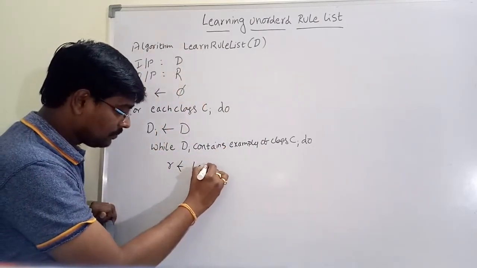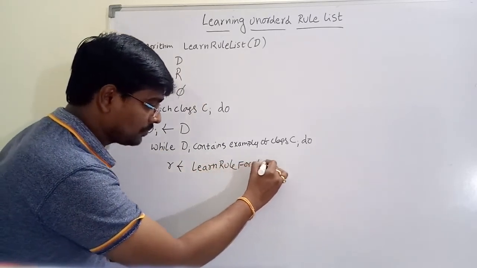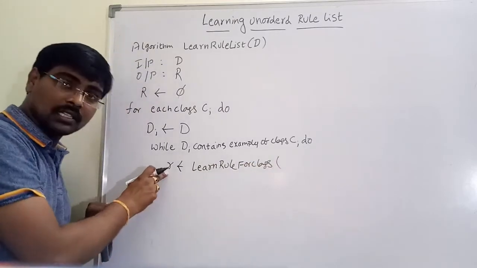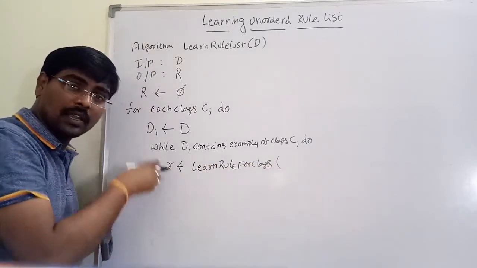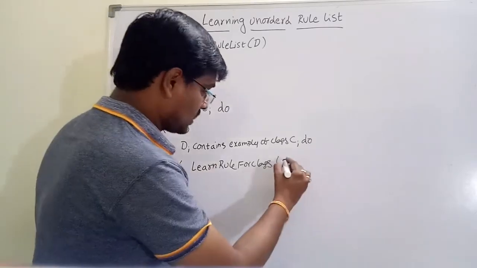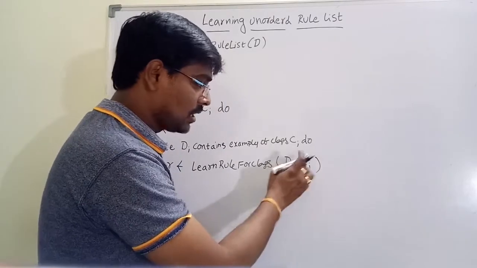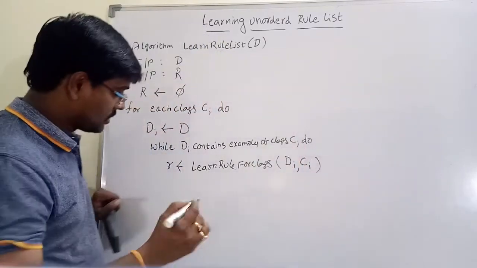So the algorithm is learn rule for class. This is a separate algorithm, where we define a single rule. How is a single rule applied? Learn rule for class of Di comma Ci, that is the set of instances and class Ci.